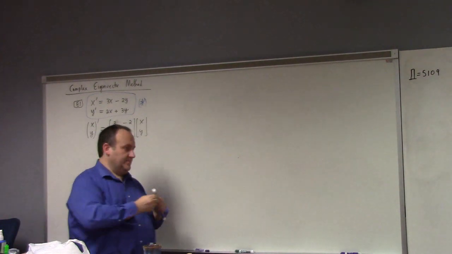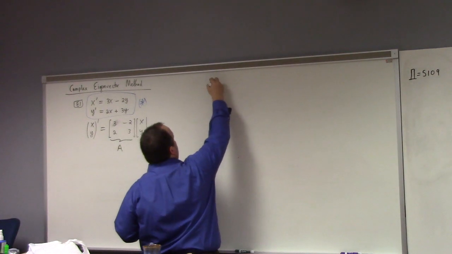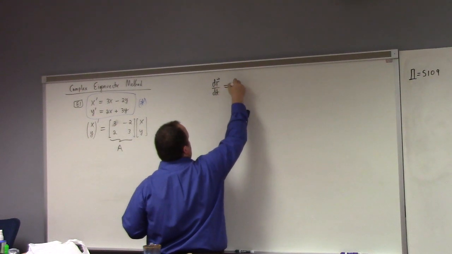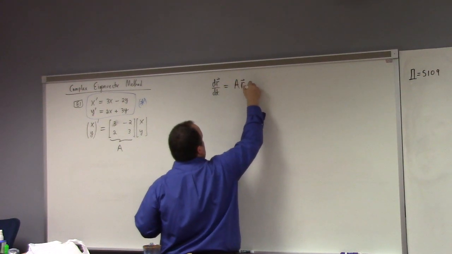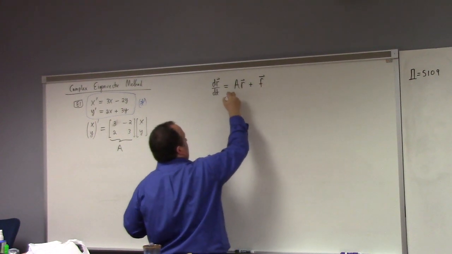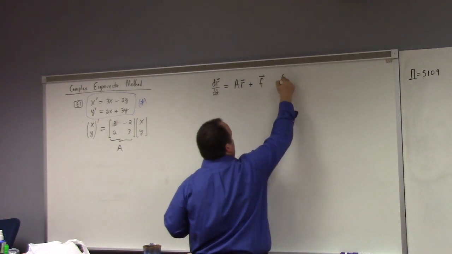So if we're up against solving the problem dr dt equals A times r plus f vector, this is the non-homogeneous problem.